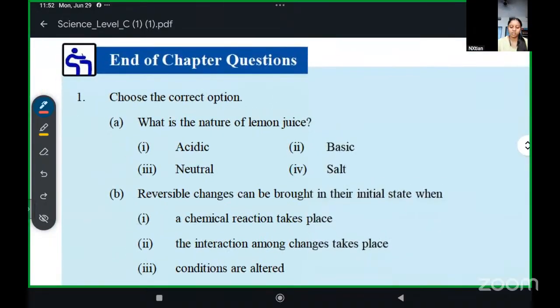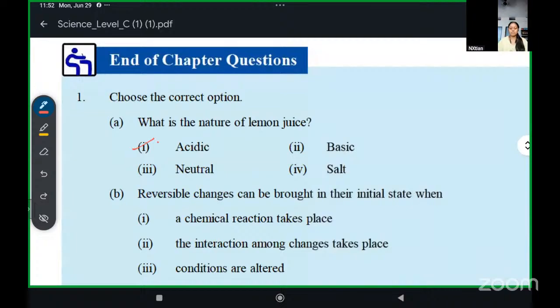First one. What is the nature of lemon juice? Ma'am, is it acidic? Yes. Acidic is right. It is acidic in nature.